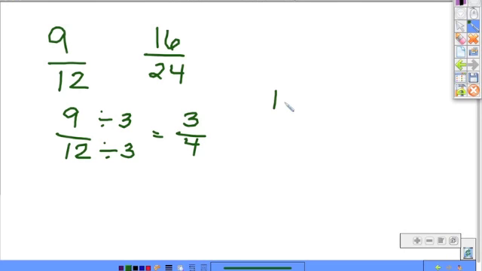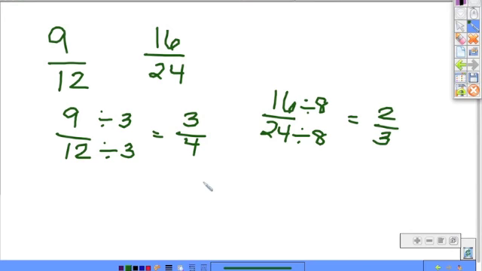Now let's take the other fraction, 16/24. Find a number that goes into both. It'd be 8. So divide each by 8, and I get 2/3. Put the two answers side by side, and it's easy to see that they are not equal. It means they are not equivalent. So on that answer, I would put not equal.